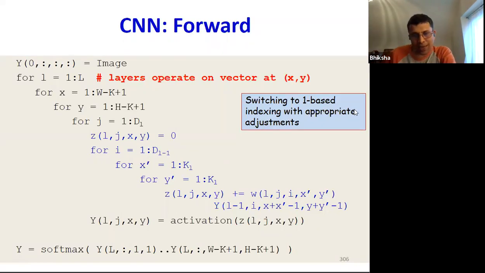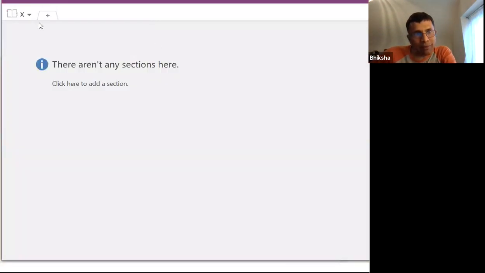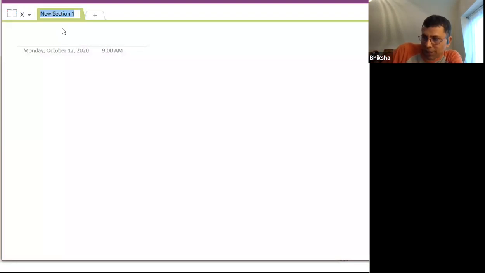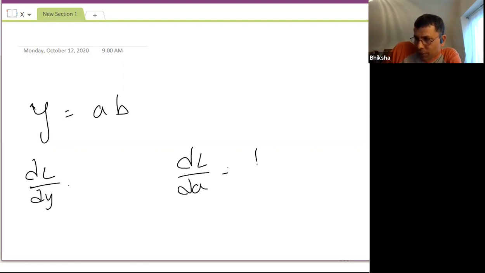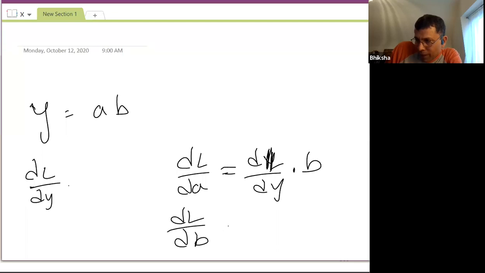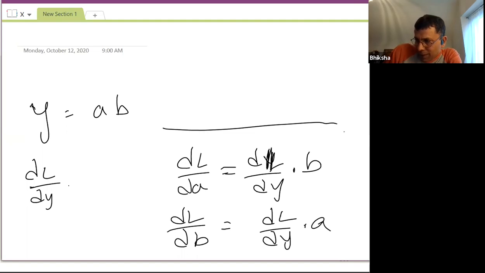So we have the standard formula, right? Which is that if I have y equals AB, and I'm given dl over dy, then I can say dl over dA equals dl over dy times B, and dl over dB equals dl over dy times A. This is straightforward.